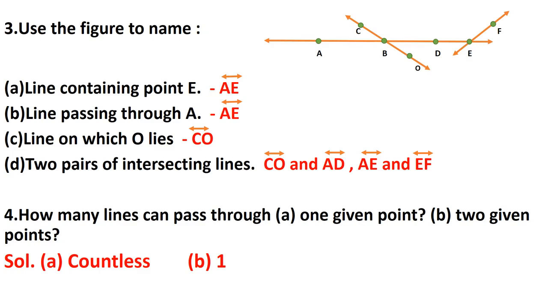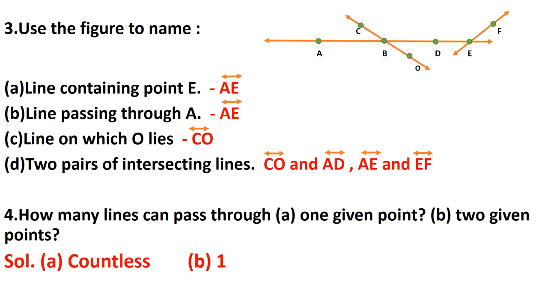See the way of writing it. Start from A, because that is the initial point. So first is AB, then A to C. AB is one line, AC is another line, and then A to D. AD is the third line.